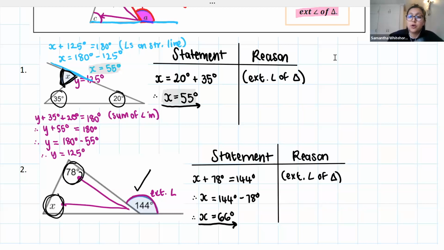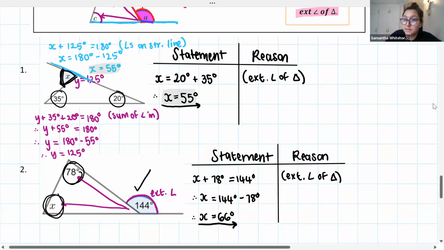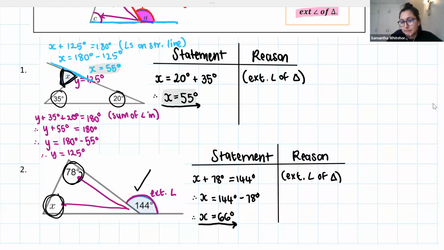So I almost need to work backwards from knowing what the exterior angle is to figuring out what the opposite interior angles are. And that's why I'm eventually needing to subtract. Does that make sense? It's basically just because in one I didn't know the exterior angle and in the other I did.